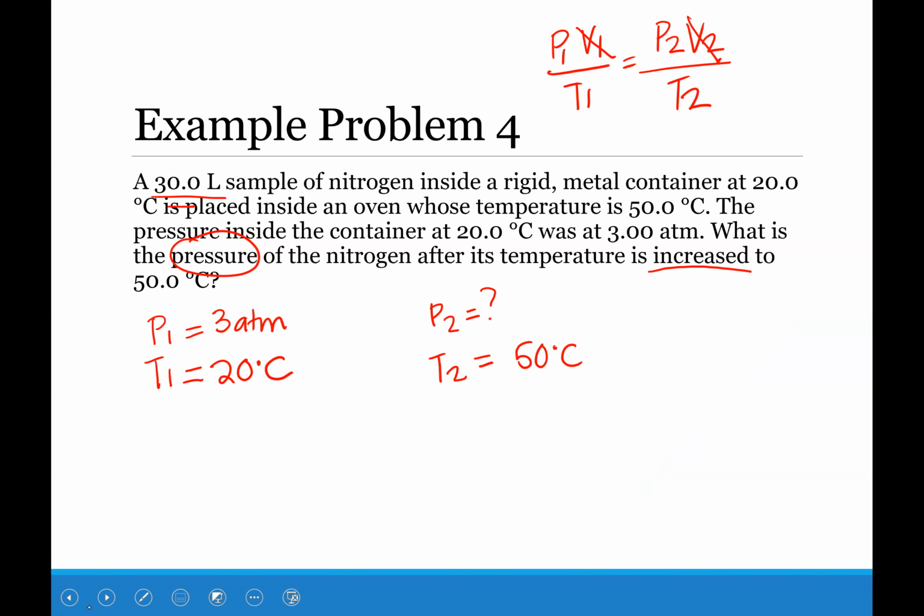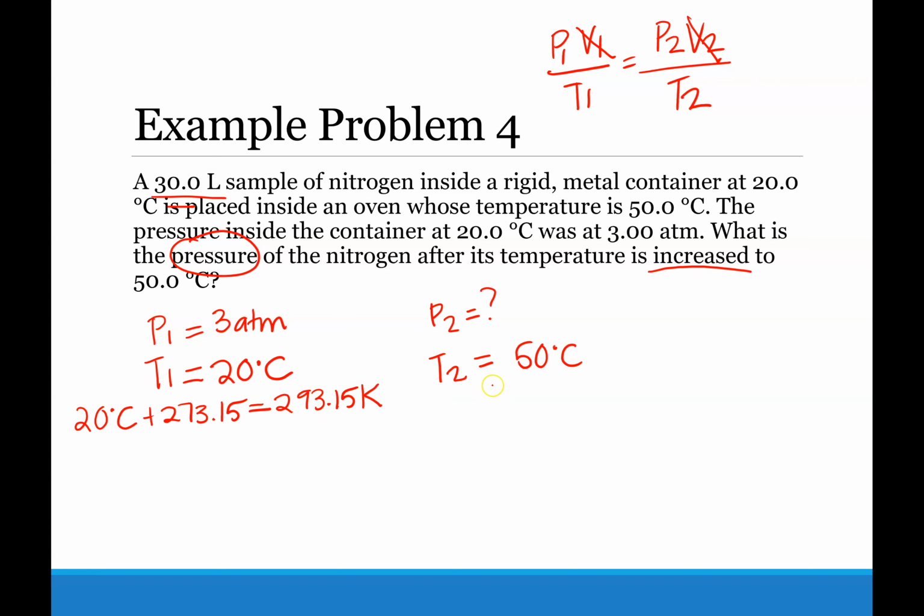So we can go ahead and convert our temperatures because we know that they are not in the correct units. For T1, it's going to be 20 degrees Celsius plus 273.15. So 20 plus 273.15 is going to equal 293.15 Kelvin.